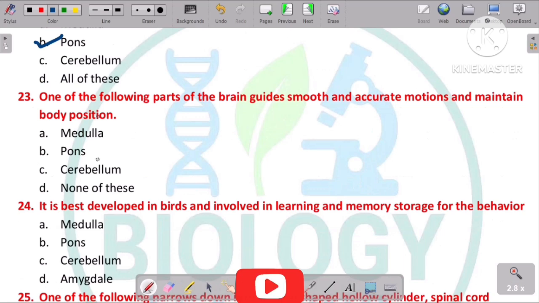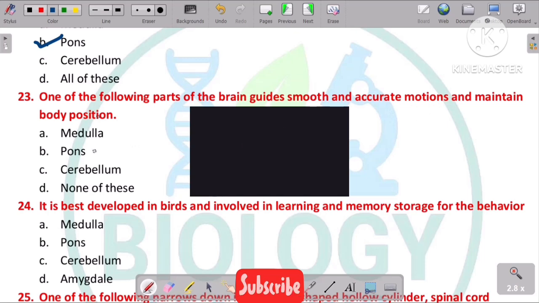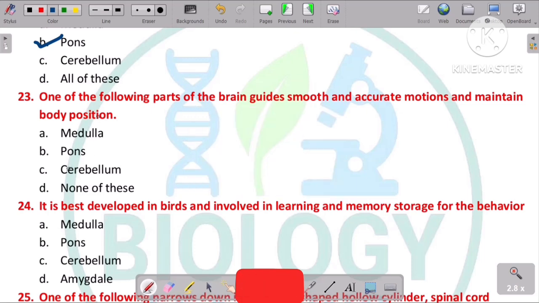So the next question is, one of the following parts of the brain guides smooth and accurate motion and maintains the body position. So the options are, so beta the right answer is option C, cerebellum.